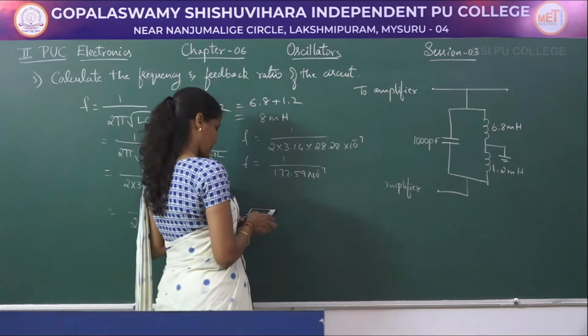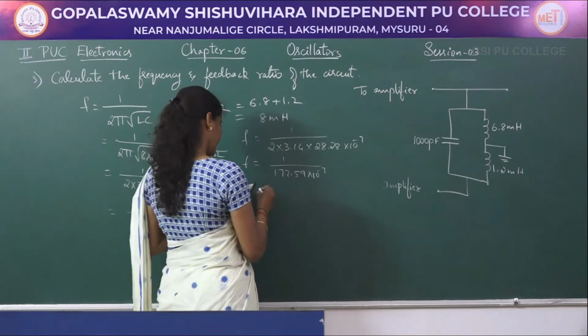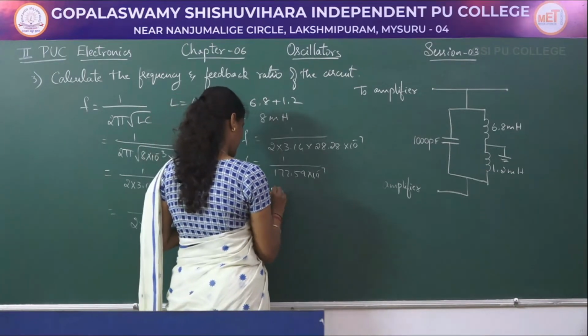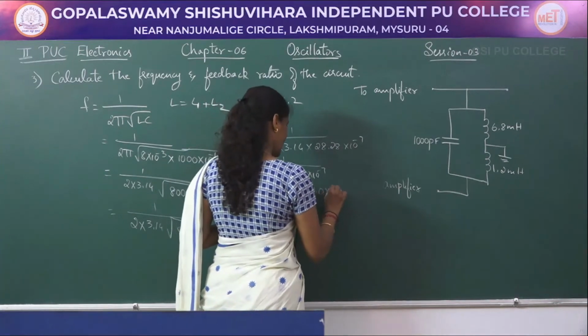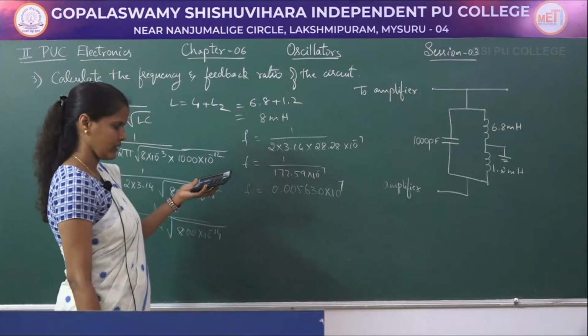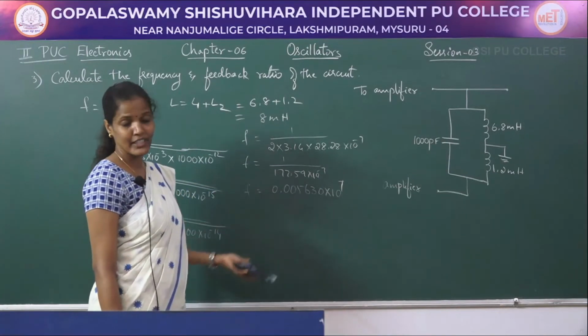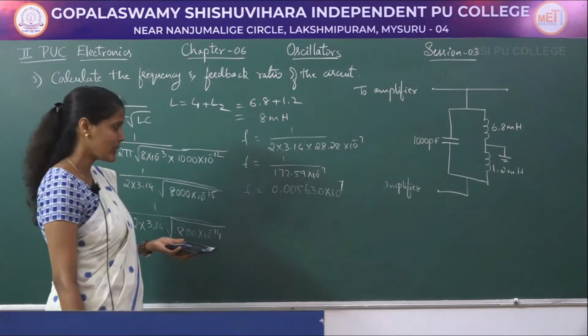So 1 divided by 177.59 gives me f is equal to 0.005630 into 10 to the power of plus 7. Minus 7 is in the denominator. When it goes to the numerator, its value is equal to 10 to the power of plus 7.